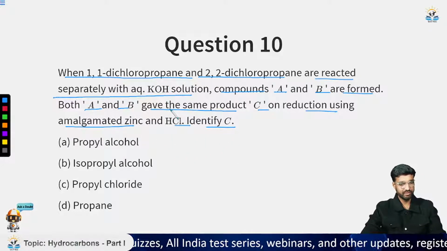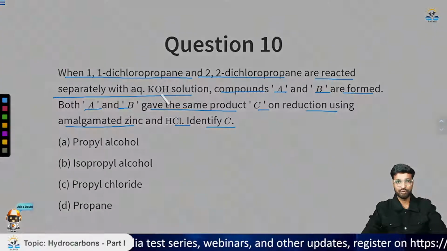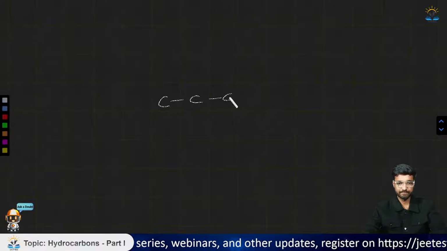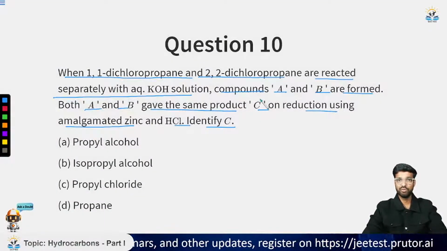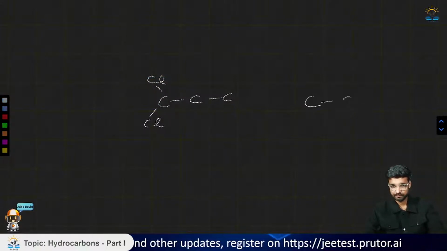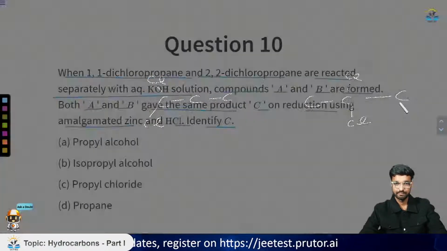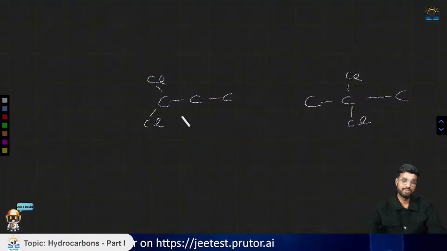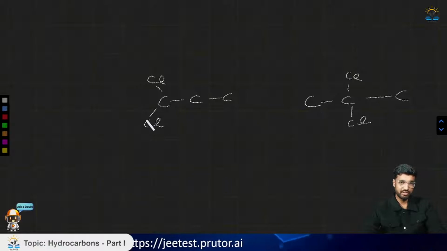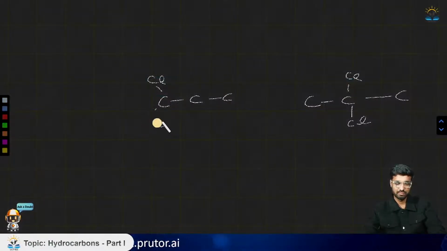So if you see here, we have two reactants, that is 1,1-dichloropropane, suppose this is the propane, and 2,2-dichloropropane. Now both are separately reacted with alcoholic KOH. So what will we get?